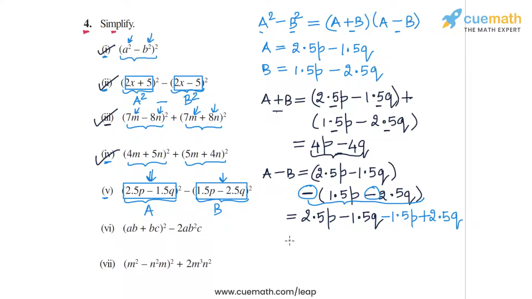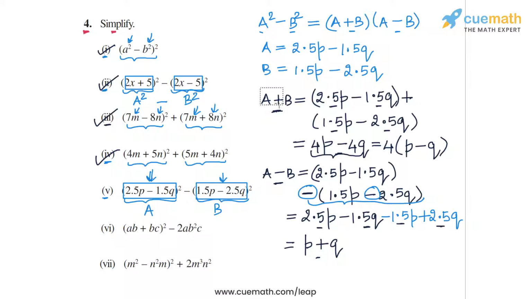Now 2.5p minus 1.5p is p, and minus 1.5q plus 2.5q is plus q. So we will get p plus q. So a plus b is 4p minus 4q, and we can write 4p minus 4q as 4 times p minus q, and we get a minus b as p plus q. So finally, remember what we have to do.